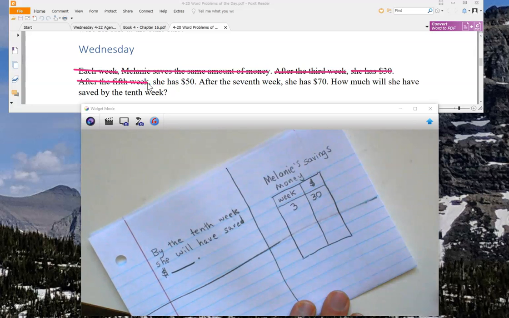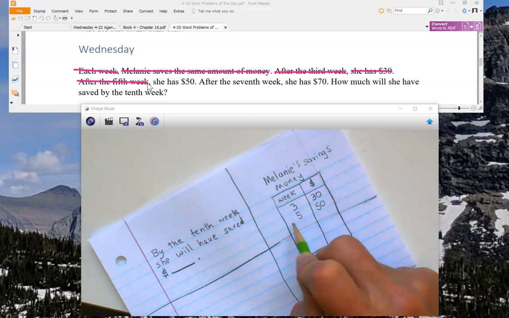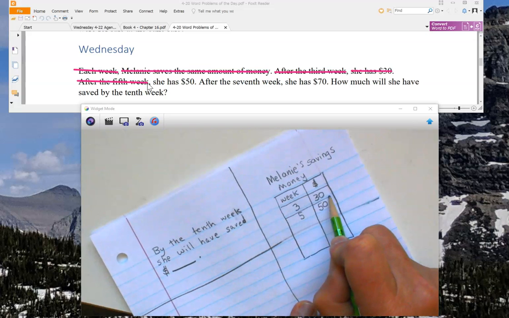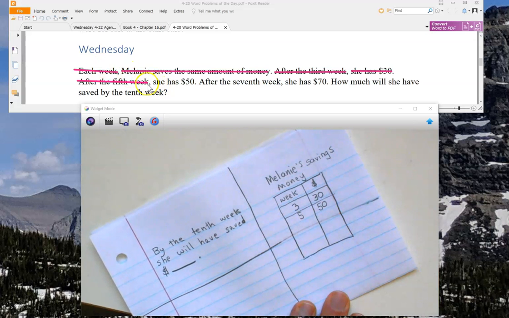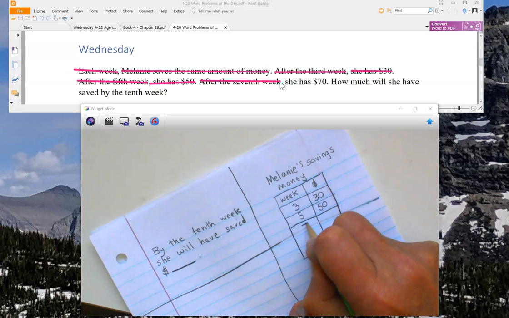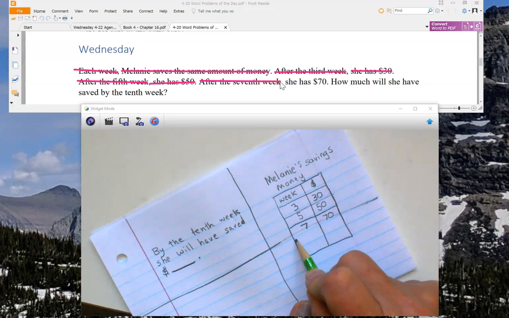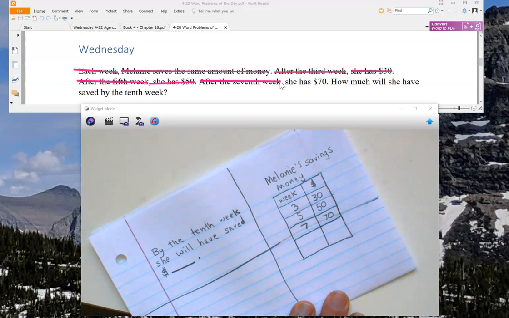So I'll put in week 5, and she has $50. I'll cross out the $50 because I put that in. And then it says after the 7th week, so I will add in week 7, and she has $70. And I'll cross out the $70 because I've used that.